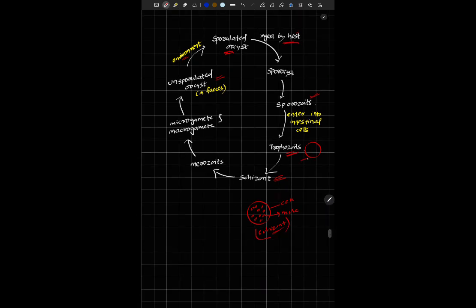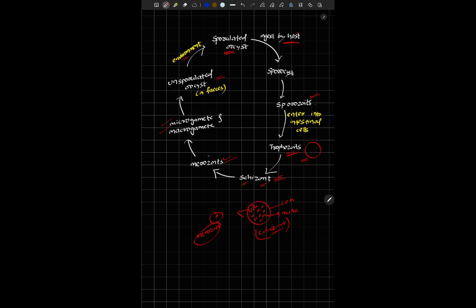So these trophozoites will convert into schizonts, after which these nuclei take some of the cytoplasm and develop into different cells. These are known as merozoites. So these schizonts will convert into merozoites. After merozoites, the next developmental stages are microgamete and macrogamete formation.